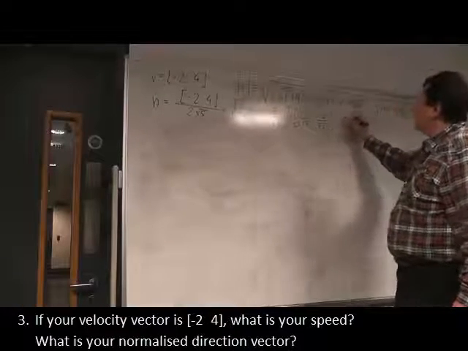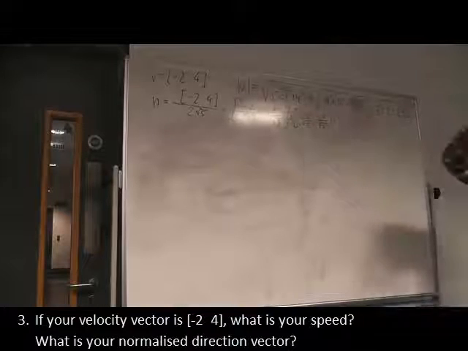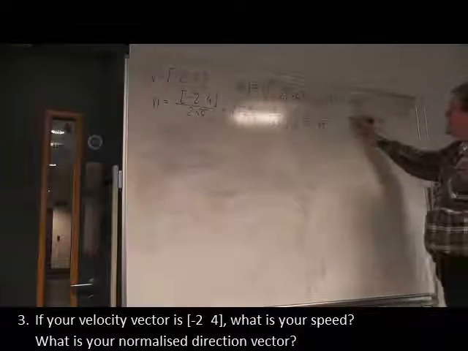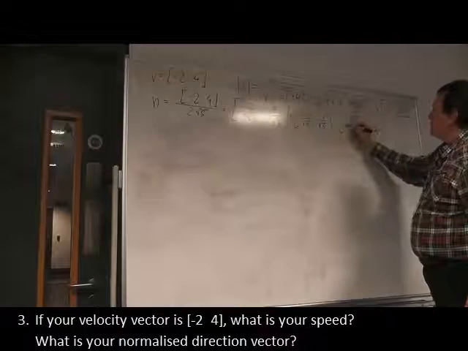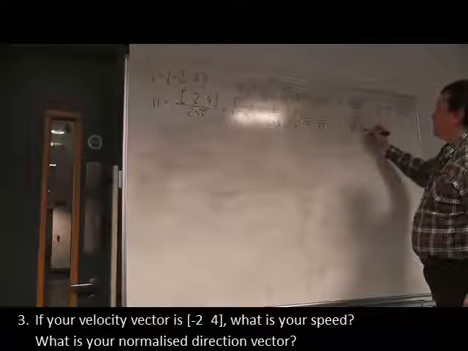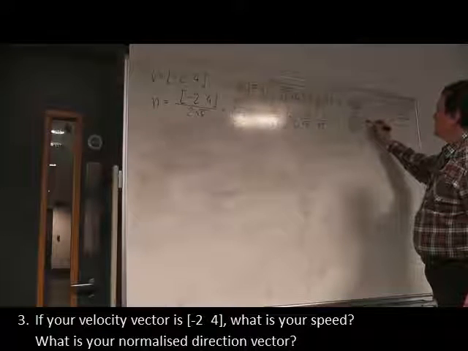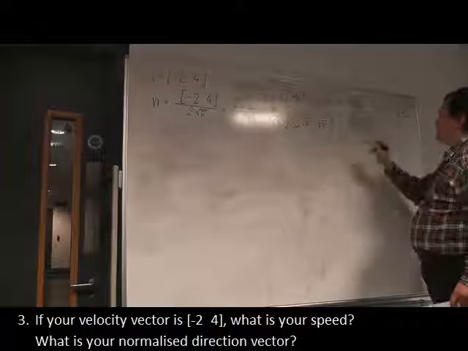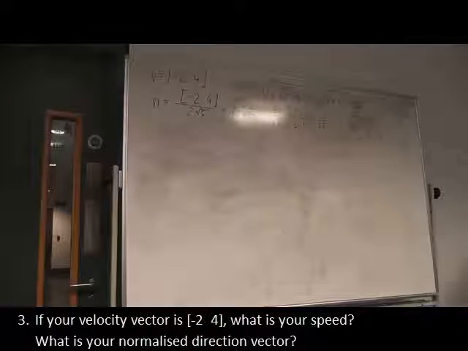And now optionally you can multiply both numerator and denominator by square root of 5 to get -square root of 5 over 5 and 2 square roots of 5 over 5. Okay? That's the normalized direction vector.